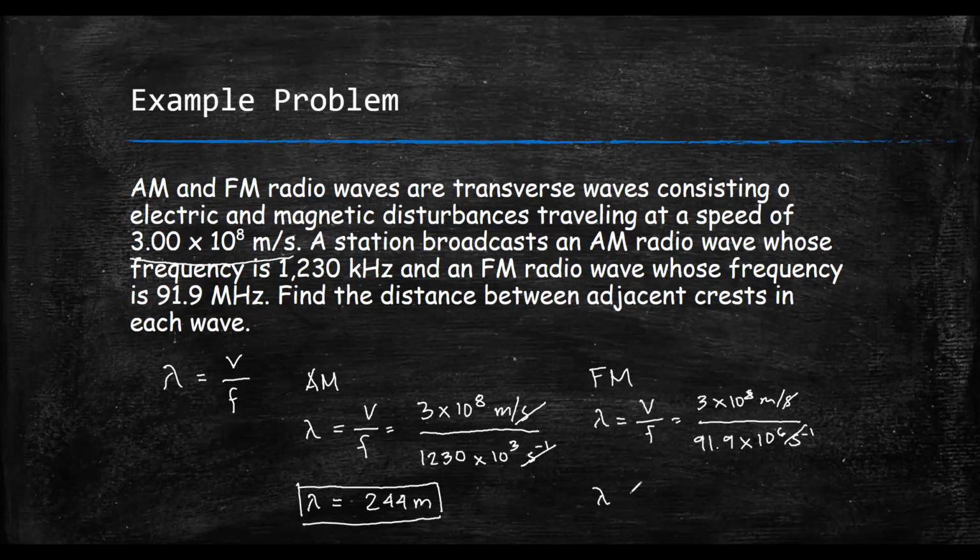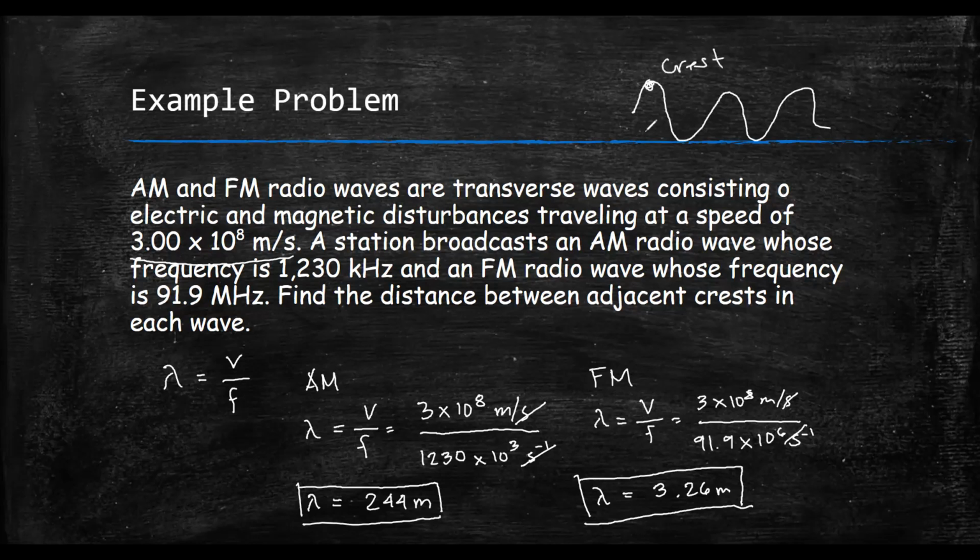Therefore, our wavelength for FM is equal to 3.26 meters. So this is the distance between two adjacent crests. Remember, the crest is this maximum point, and this minimum point is the trough.